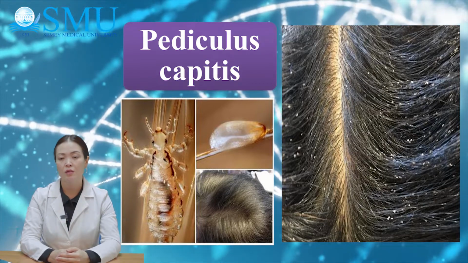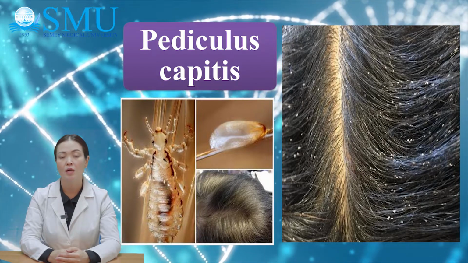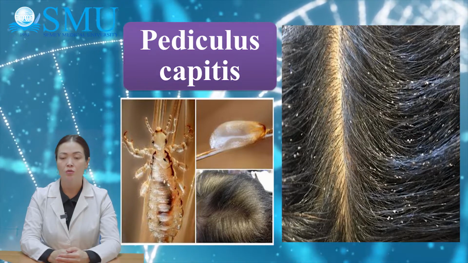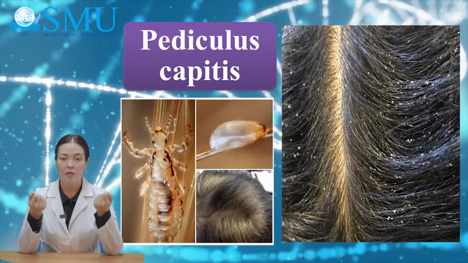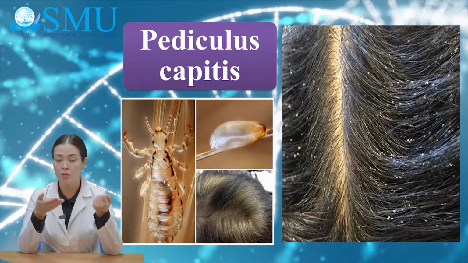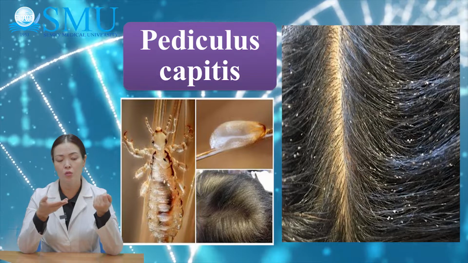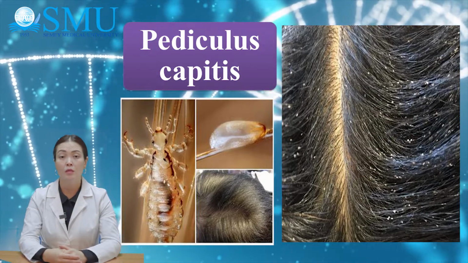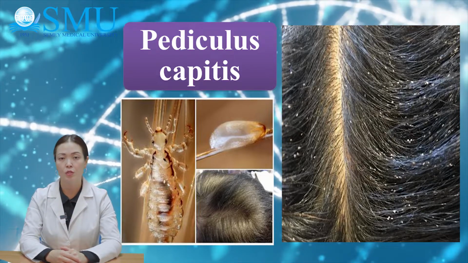The diagnostic test for this disease is very simple. It means you can make the diagnosis only after visual examination. All you must do is open the hair region of your patient, and by visual examination you will identify the eggs of this insect, which are located near the roots of the hair, and you can even see the insect moving under the hairs of your patient.